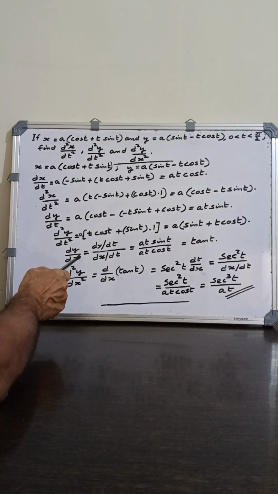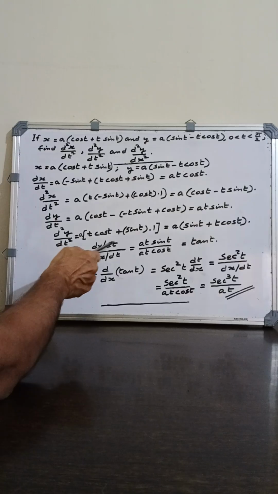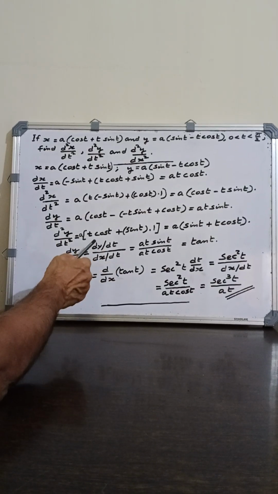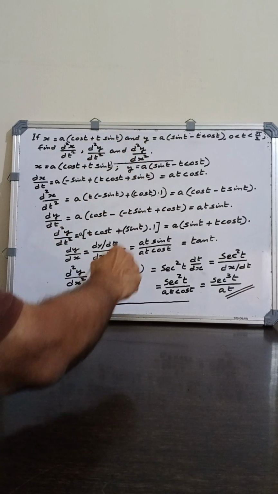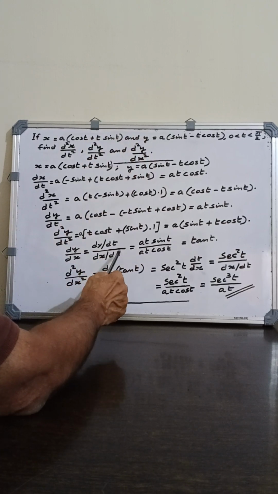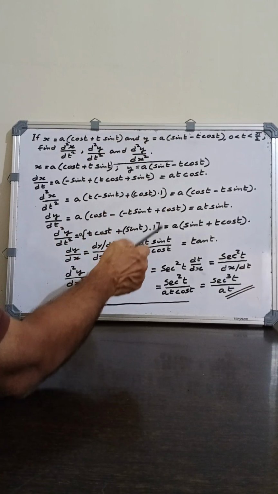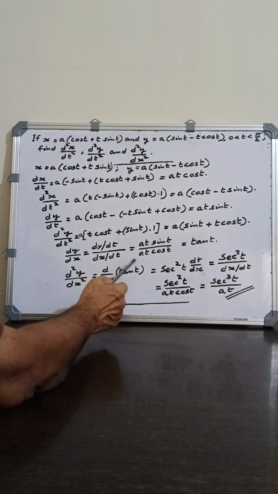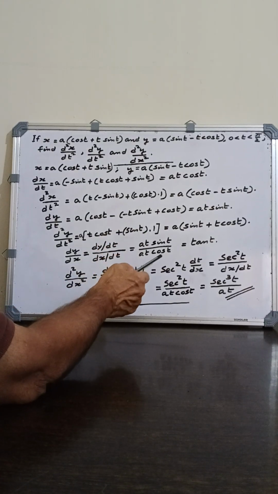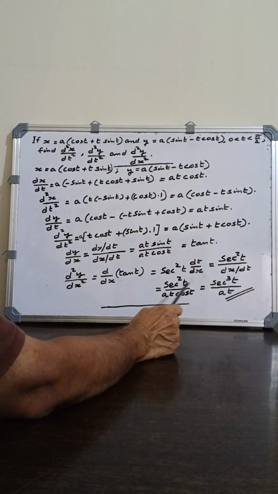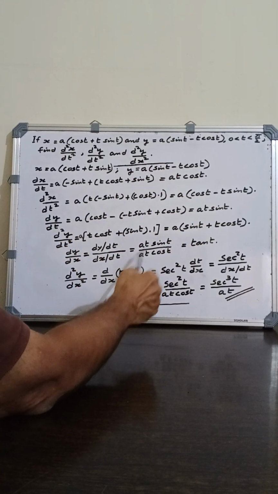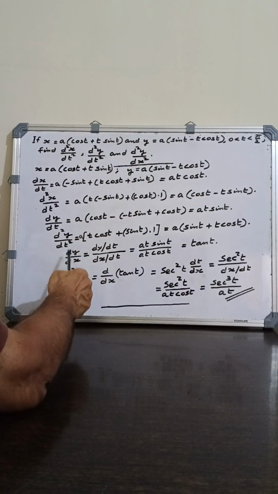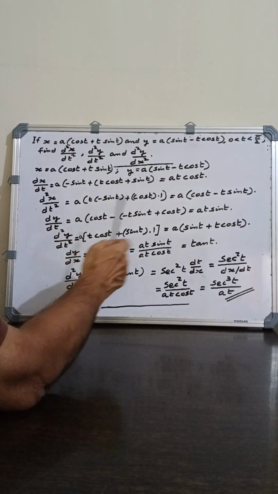That is dy by dx equals dy by dt divided by dx by dt, that is dy by dt into the reciprocal of dx by dt. That is a t sin t into 1 by a t cos t. a t and a t cancel, therefore sin t by cos t. dy by dx is defined as tan t.